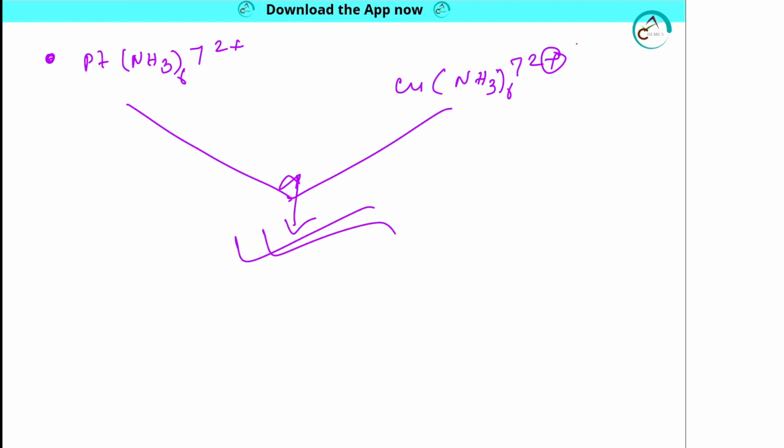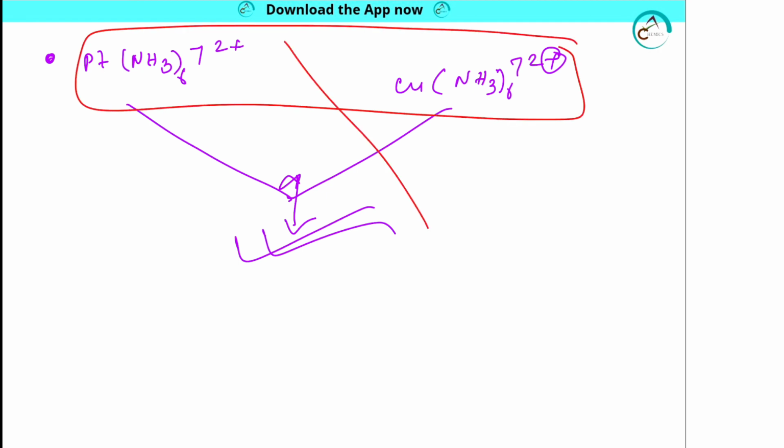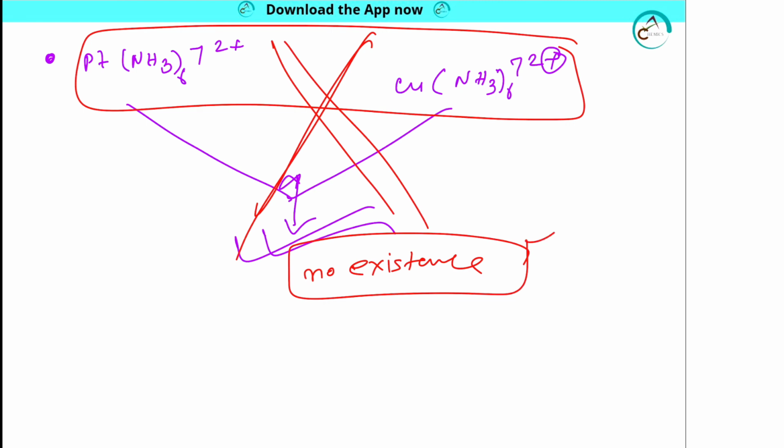But in reality, these complexes never form. There is no existence of these kinds of complexes. But VBT theory can explain the exact structure. So there is a system which is not present in nature, but we can explain it through VBT theory. So it looks weird, right?